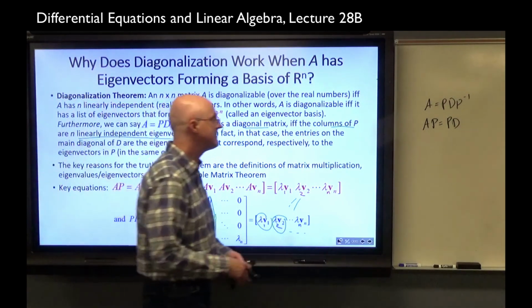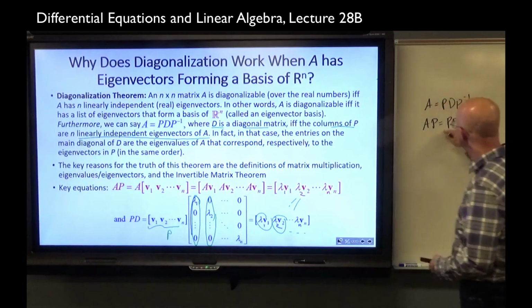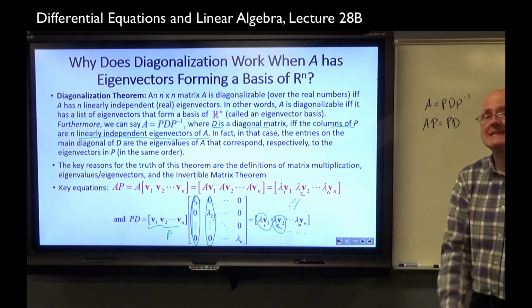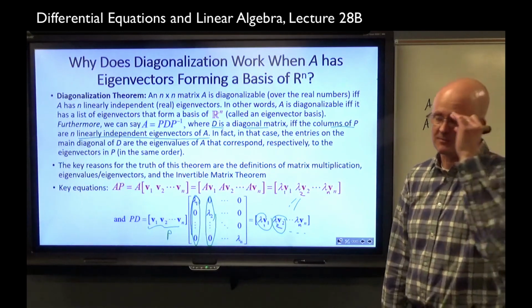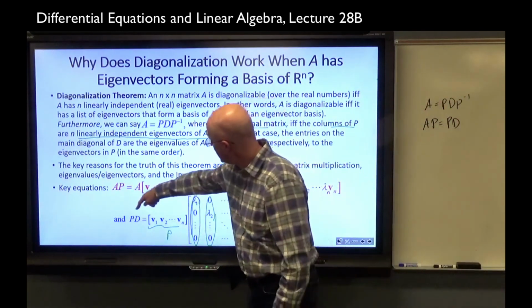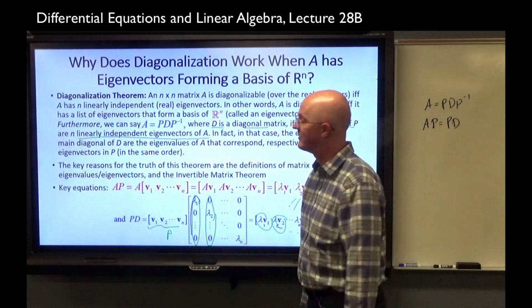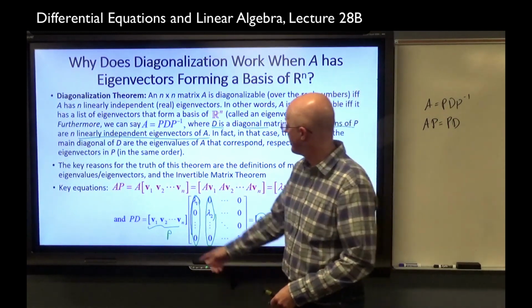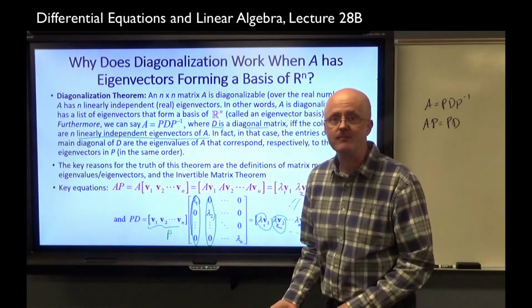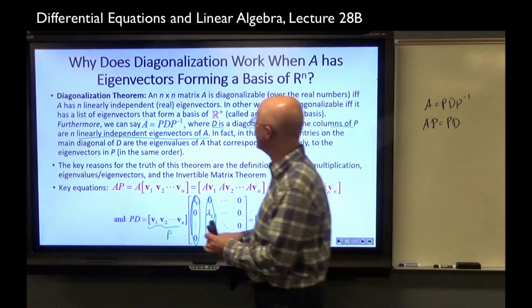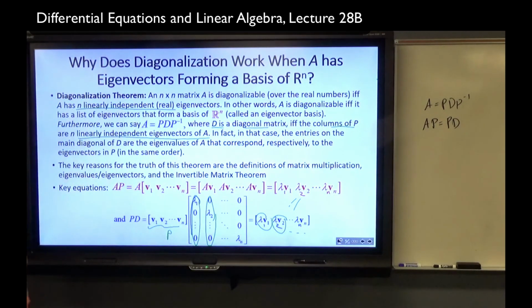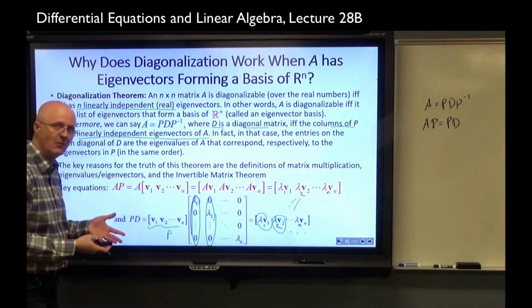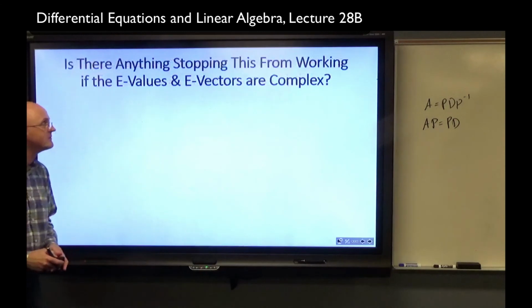So that helps you believe this equality here, which would help you believe this equality as long as P is invertible. But we know by the invertible matrix theorem that P will be invertible if and only if its columns are linearly independent, which is what I'm assuming in the diagonalization theorem. Okay? So that should help you believe it without being a full proof.